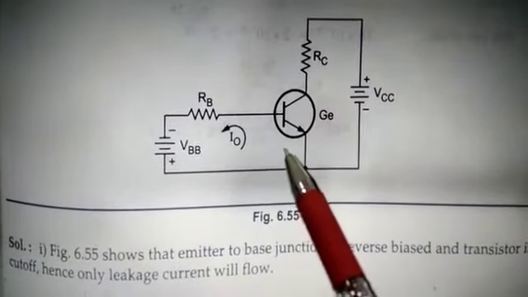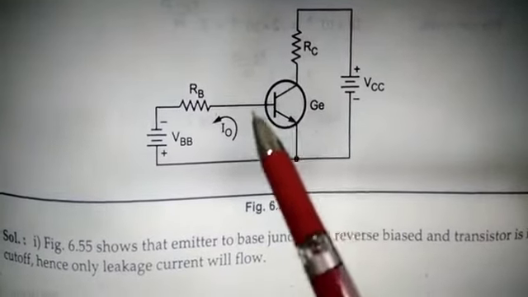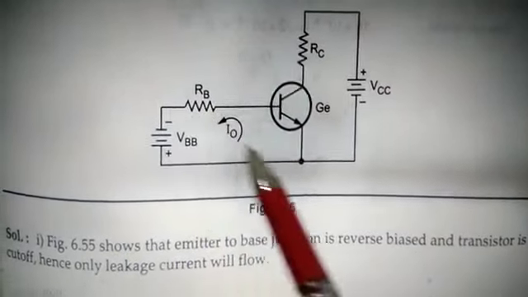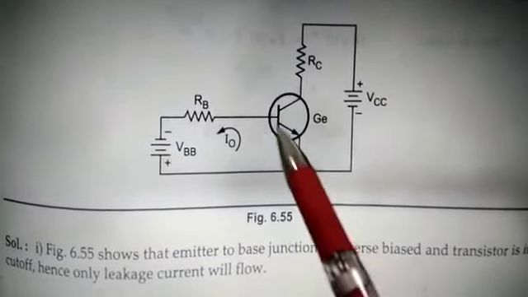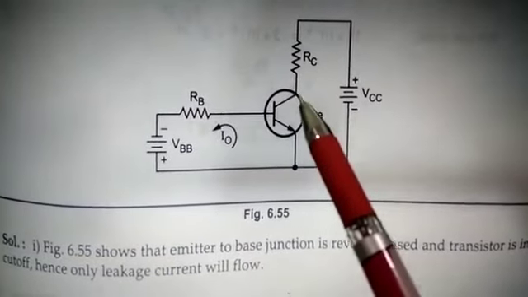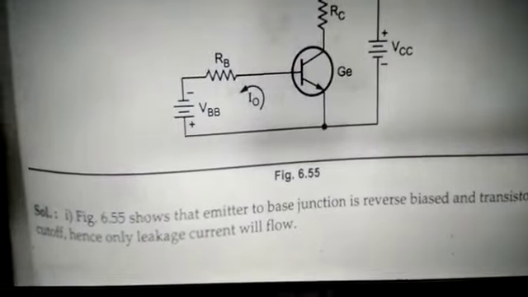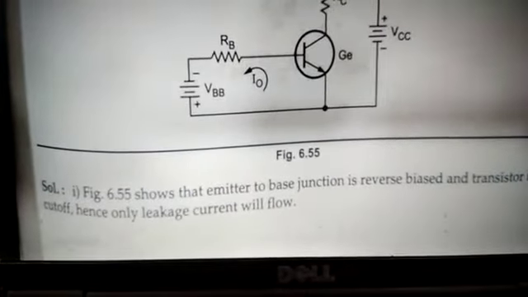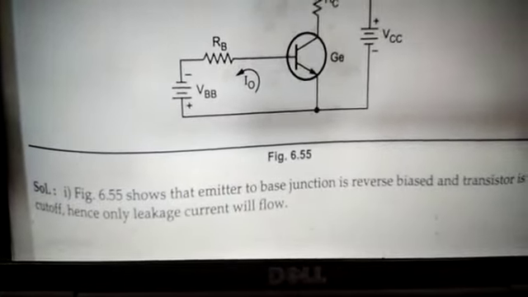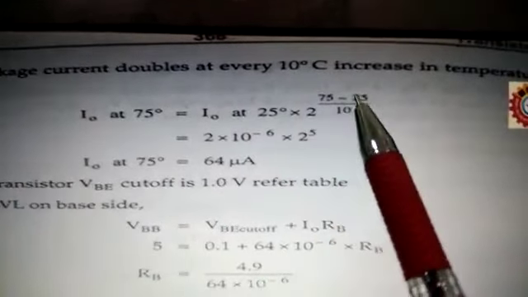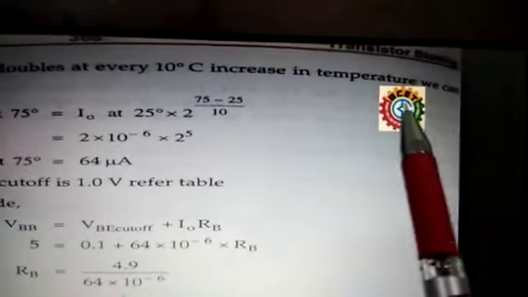Since this is an NPN transistor, the base-emitter junction is reverse biased for cutoff, and the collector side is forward biased as shown. So only the leakage current I0 will flow in the base to emitter region. Therefore, as we know, the leakage current doubles for every 10 degree centigrade increase in temperature.